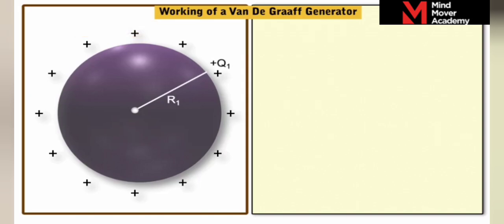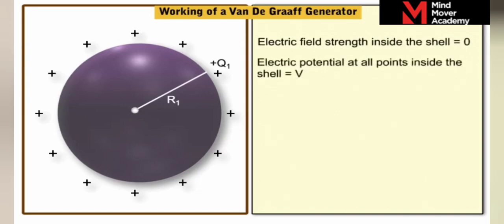For such a charged conducting shell, we know that the electric field strength inside the shell is 0, and the electric potential V inside the spherical shell has the same value at all the points inside the shell, and V is equal to 1 by 4 pi epsilon naught Q1 by R1. Let us label this as equation 1.